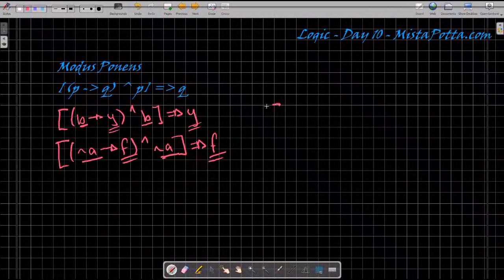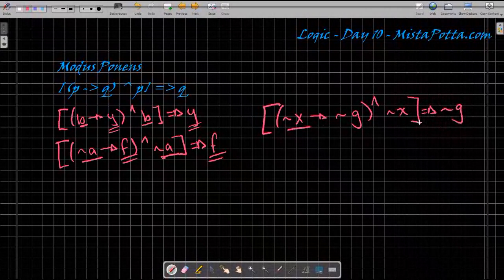So I could even have something as confusing as negation X conditional negation G and negation X implies negation G. As long as our antecedent matches this conjunction term and this consequent matches our conclusion, we have a modus ponens style argument.